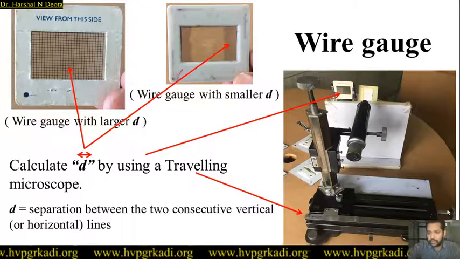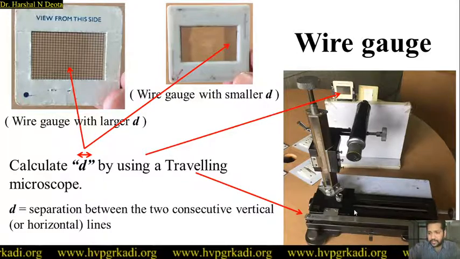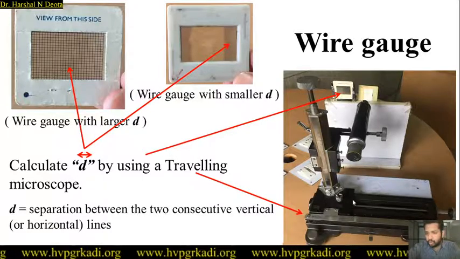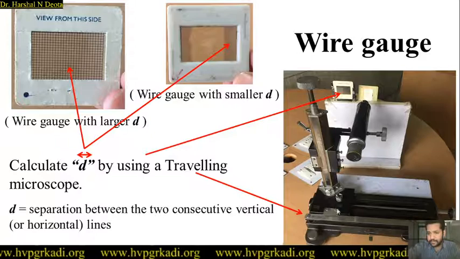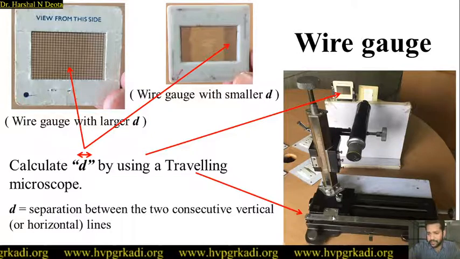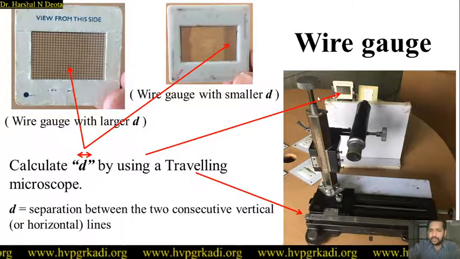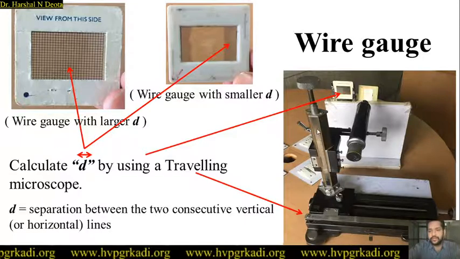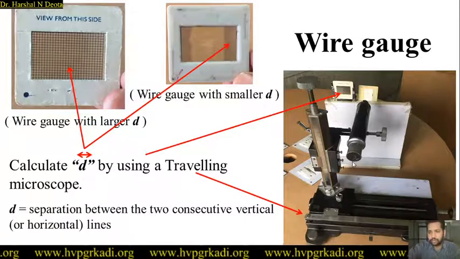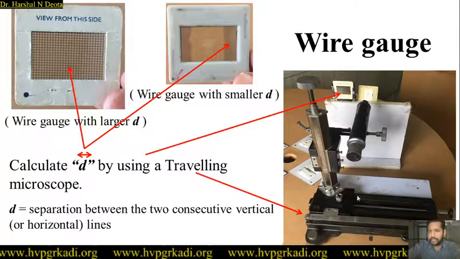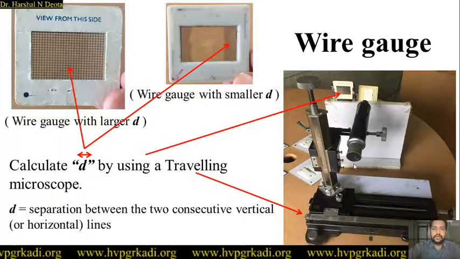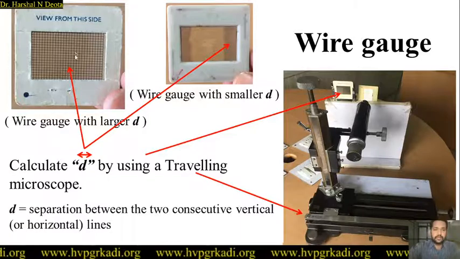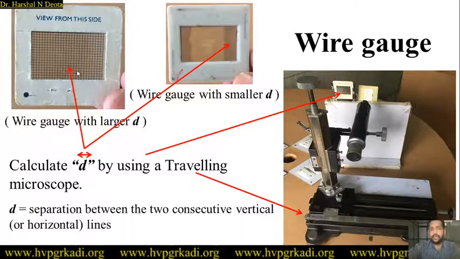With this screw, I will make the traveling microscope move on this optical bench, and this is the reading table from which I will get the readings. This screw is for the adjustment of the height of the microscope, and this setup will let you get the distance between two horizontal lines or two vertical lines.